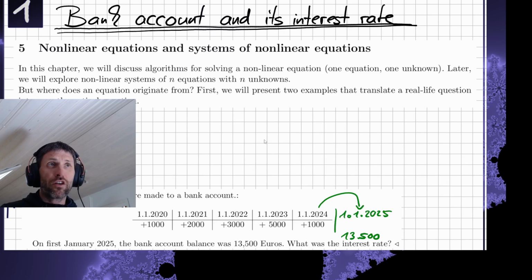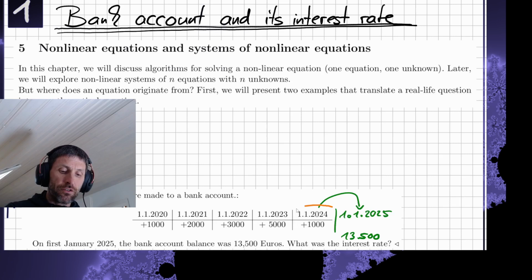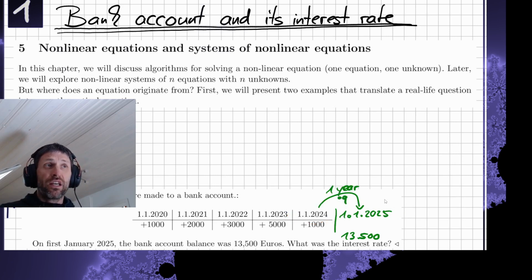First, we have to analyze what's going on. So we have 1 year between 1st of January 2024 and 1st of January 2025. So there is 1 year, and that means that these 1,000 euro are multiplied with a factor q. And q is some number, for example 1.05. If 5% is the interest rate, then this is the way the calculus is done.